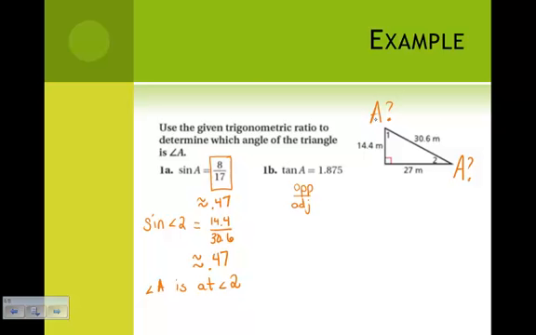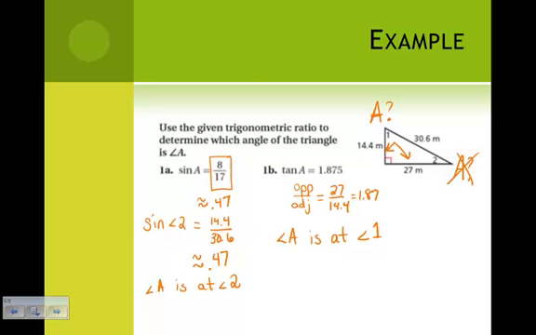So if I position my angle A here and I do opposite over adjacent, that's going to give me 27 divided by 14.4, which is 1.875. So I know this is not angle A, and I know that angle A is at angle 1.